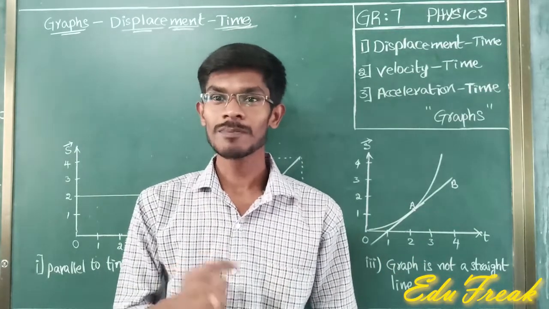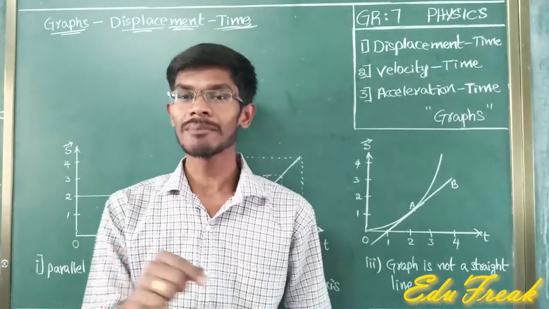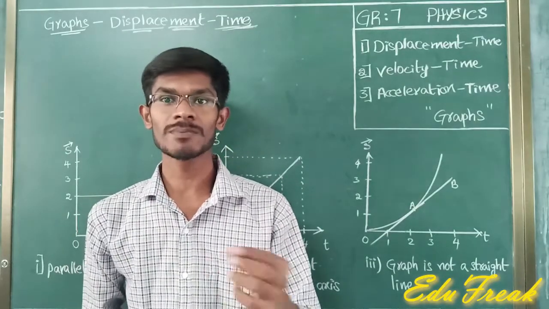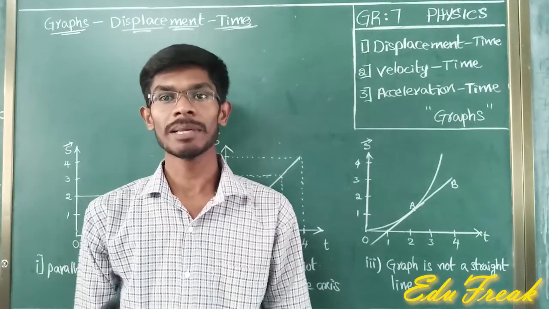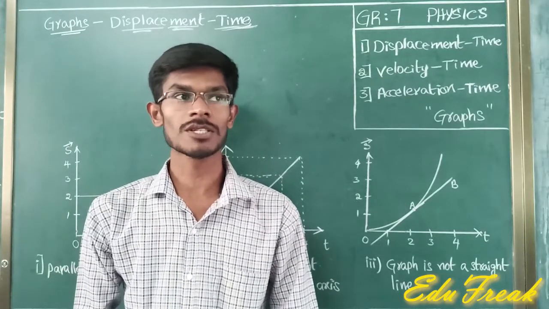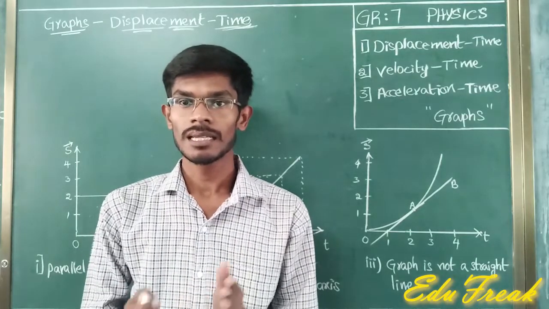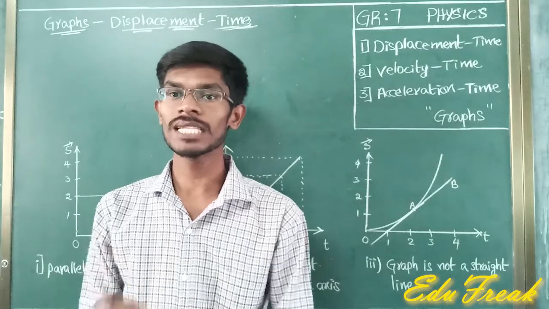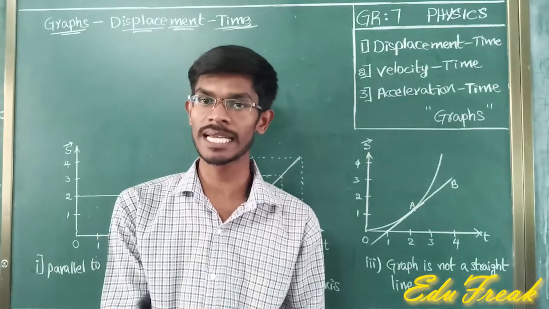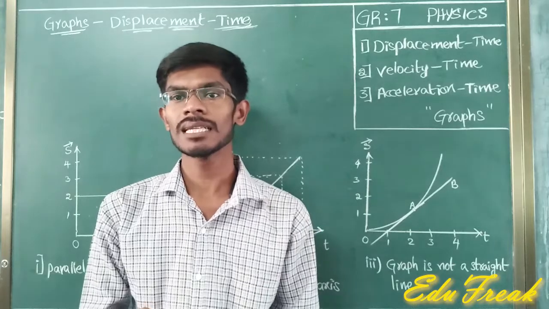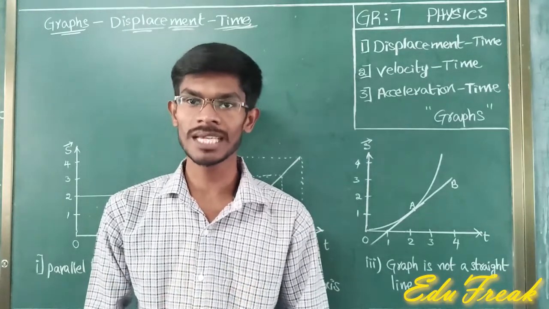Here, if we consider displacement and time, time is a variable quantity and displacement may be constant also. Suppose as the time is changing, the distance also changes. Or else, if the object is continuously at rest, there may not be any change in the position of the object.